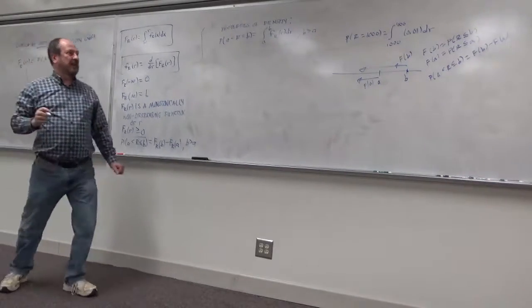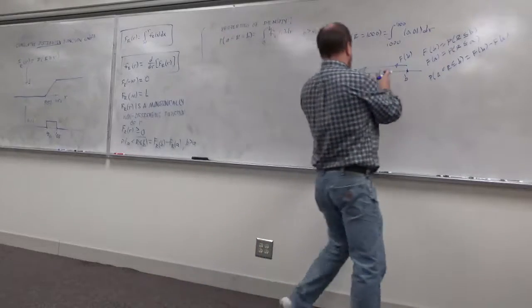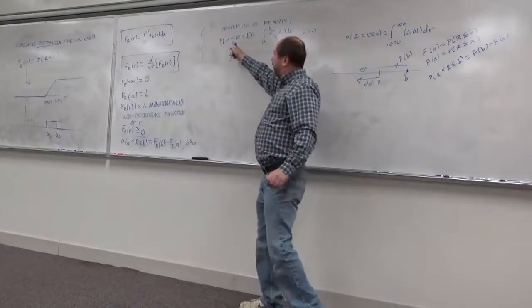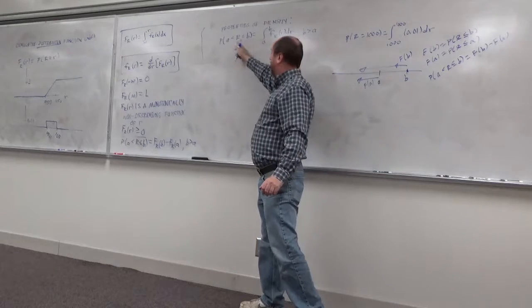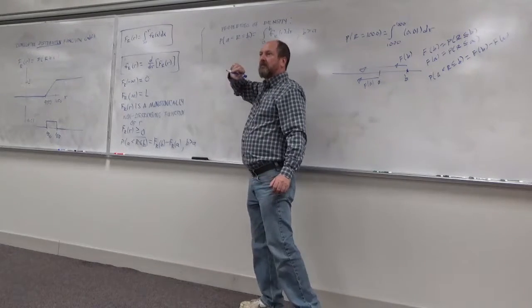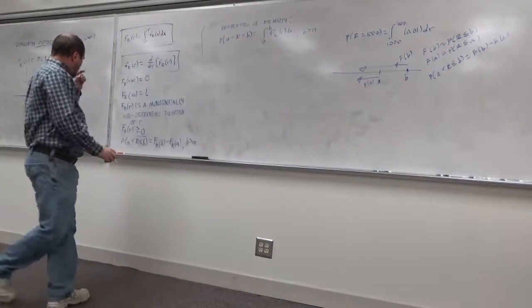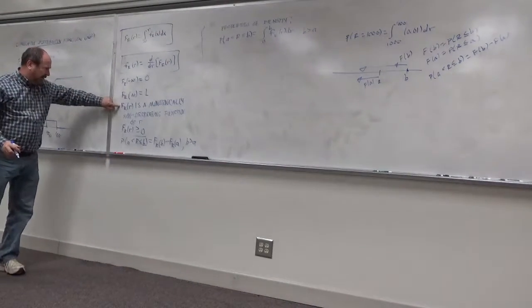If B is less than A, what's the probability? The answer would be 0, because we're saying A is less than R and B is greater than R. Probability would be 0.